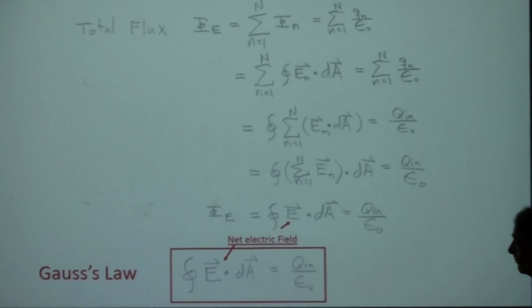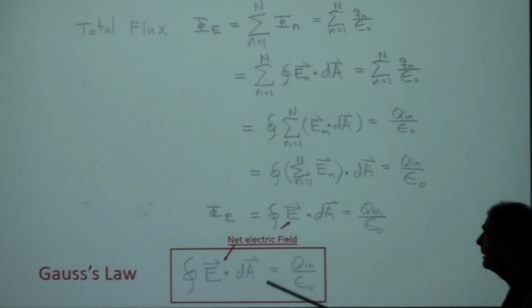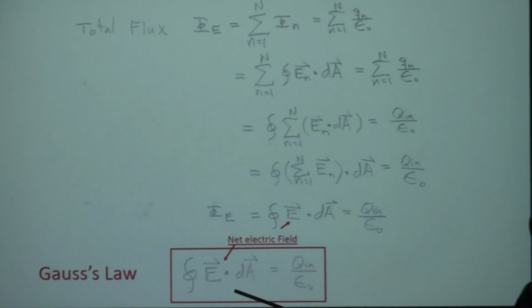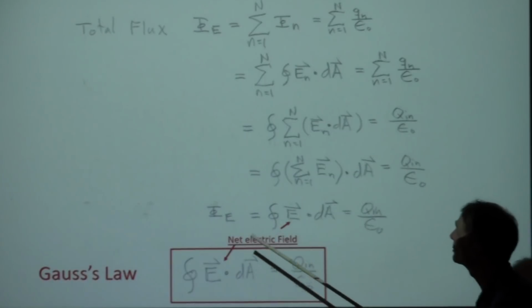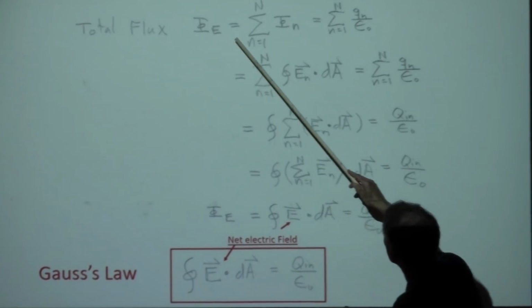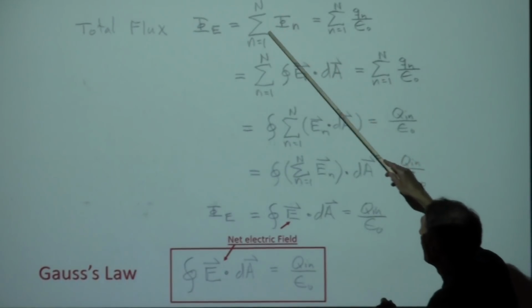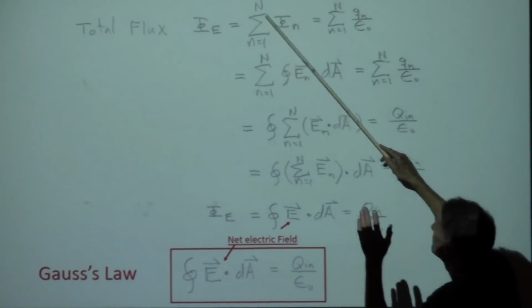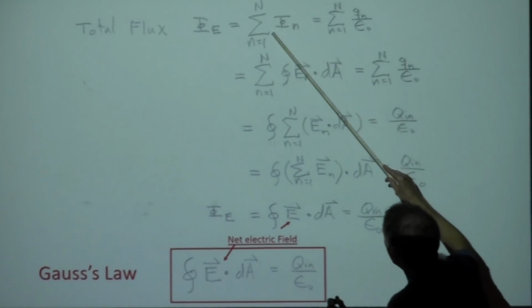Now, I was just using some examples with single charges. We could have any number of charges. The total flux is going to be the sum of all the individual fluxes of all the individual particles. Let's say I've got 1 to n of them. I'm just going to add them up.